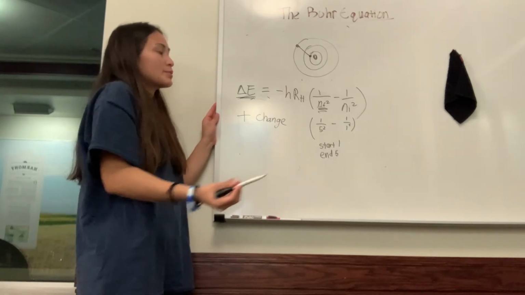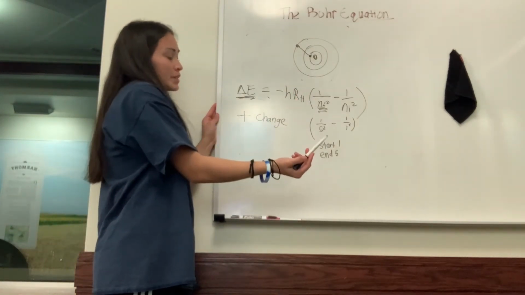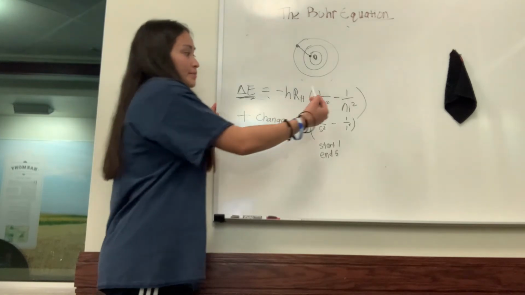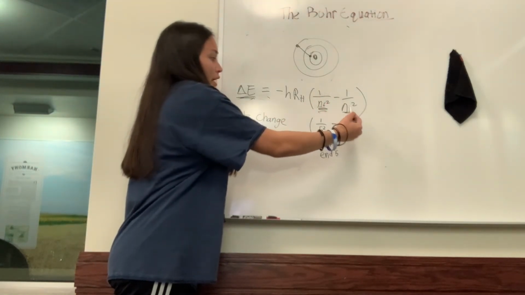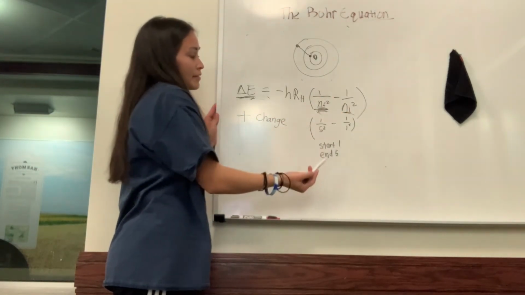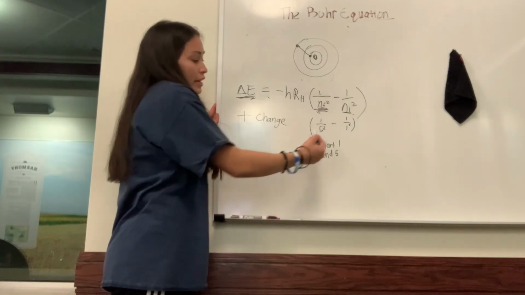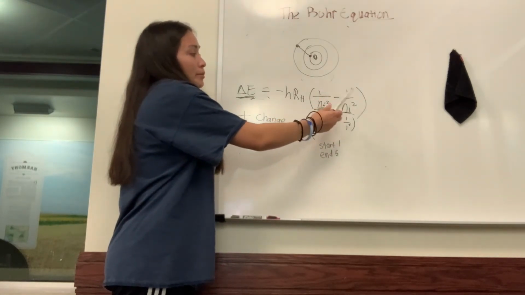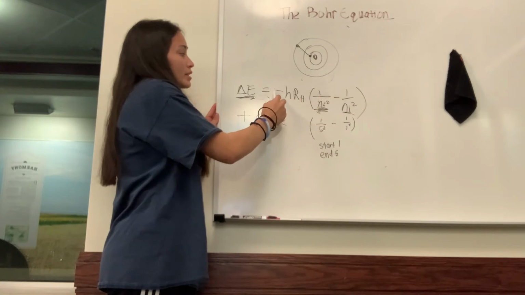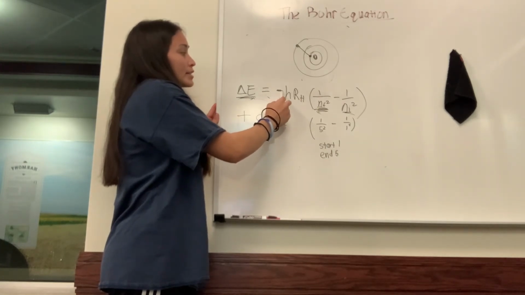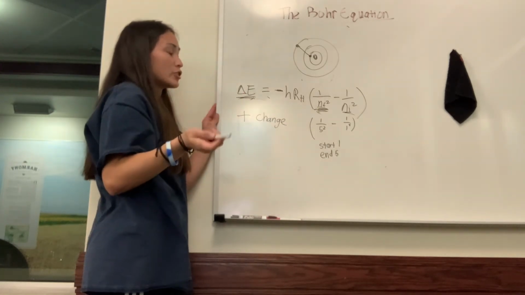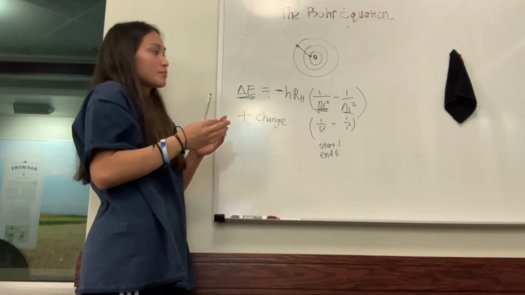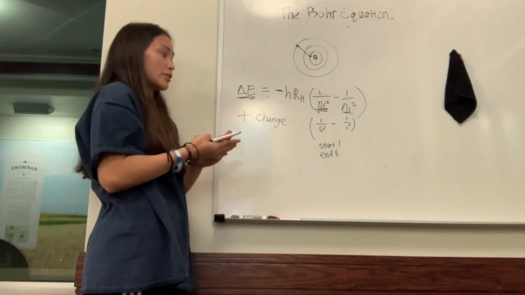And this makes sense because if we look at this equation and we're starting from n equals 1 and jumping up to n equals 5, we're going to get a negative number inside our parentheses. But since the Bohr equation has a negative in front of the R_H, a negative times a negative is equal to a positive.